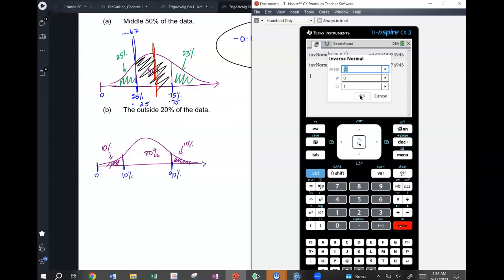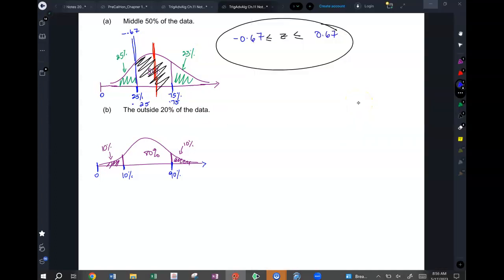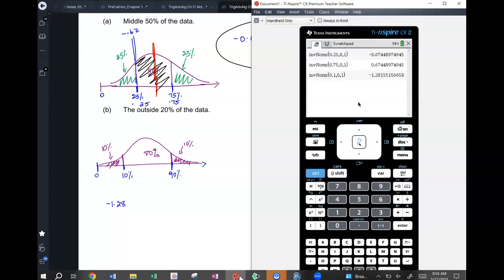And we're going to get negative 1.28. Now, don't do the other one. I'm going to show you a shortcut. To do the shortcut, you're going to press the up arrow once, twice. Highlight this one. Press enter. Now go in and just edit this 0.1 to the new number 0.9. Okay, and you get 1.28.